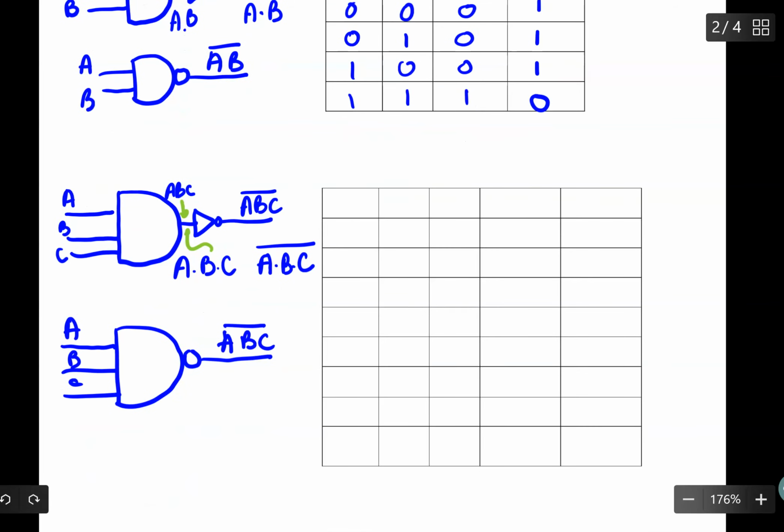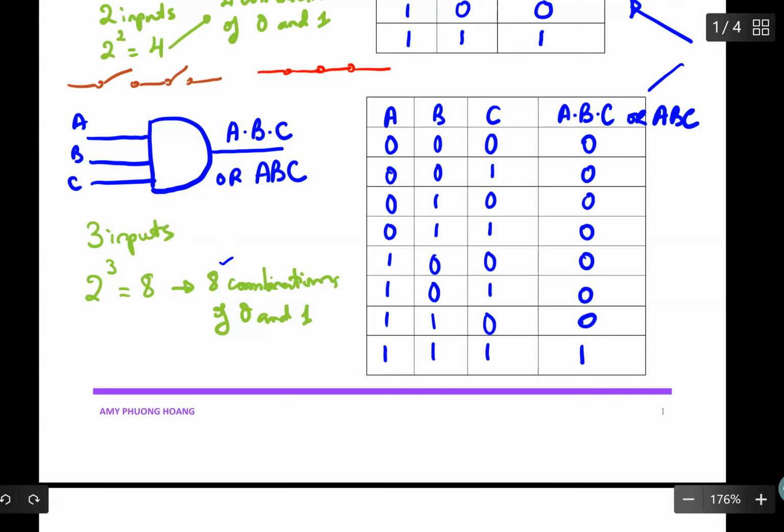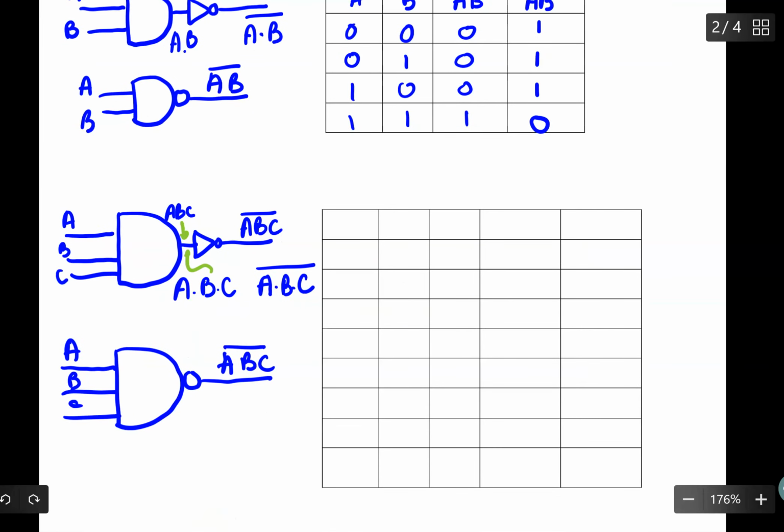Okay, again, similar to this truth table, I will be consistent by assigning the first column for A as 4 zeros to start with, and then the last 4 are the ones, and this is B, 2 zeros, 2 ones, 2 zeros, 2 ones.